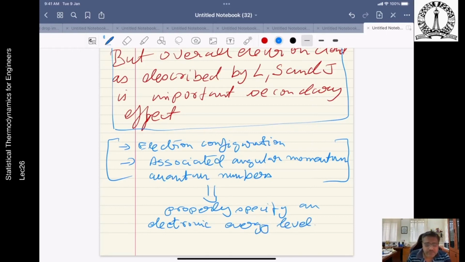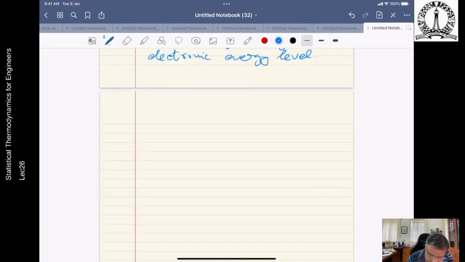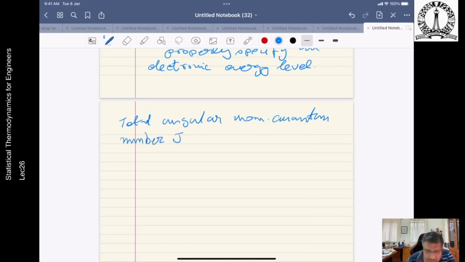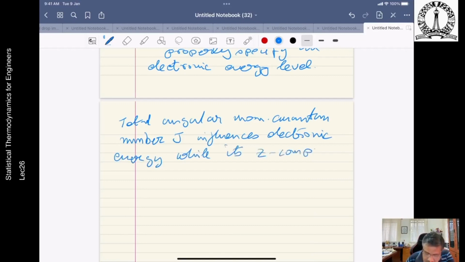Moreover, it should be noted now that the total angular momentum quantum number J influences electronic energy, while its Z component MJ does not.